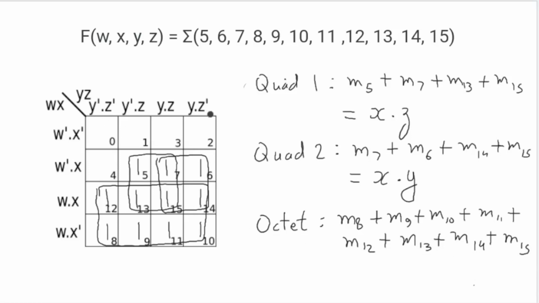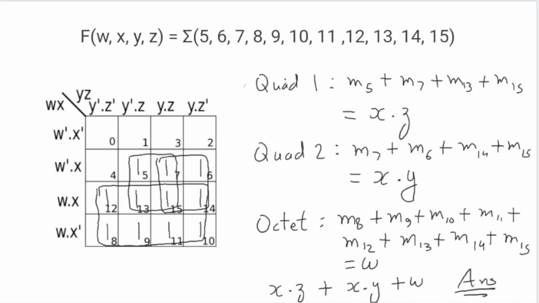And everything on the horizontal axis is changing, but on the vertical axis over here only X is changing, so we'll take W. The final answer in this case is X dot Z plus X dot Y plus W.